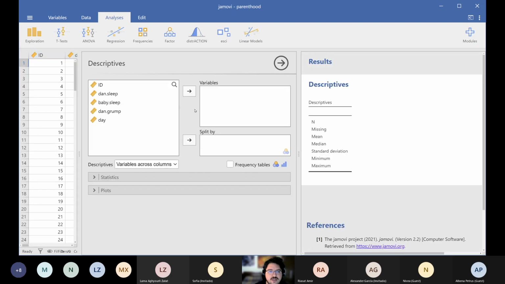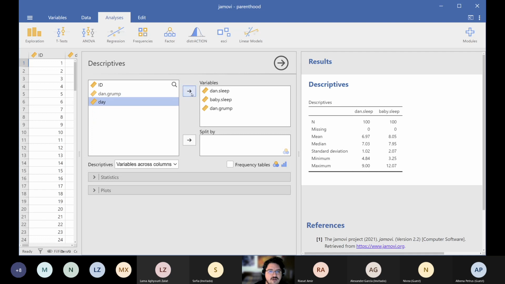This is step 0: be familiar with your data. Here we see baby sleep, Dan sleep, and Dan grump, and days and ID are rather irrelevant. We have 100 entries for each of these variables, 0 missing.